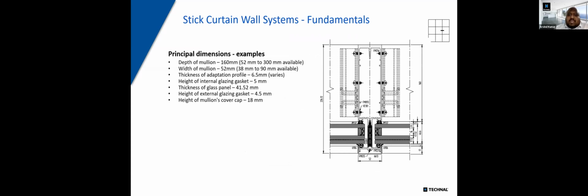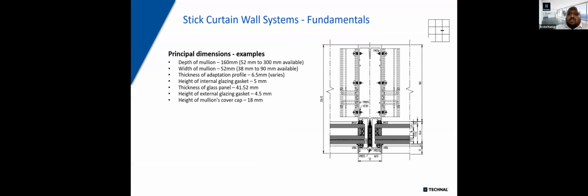So here's a simple example of the dimensions. So in this particular image, I have taken a plan image of a vertical mullion, and here I'm showing a depth of the mullion as 160. Now the depth varies from 52 up to 300. So remember, I talked about the wind pressure. So depending upon the wind pressure, this depth can change.